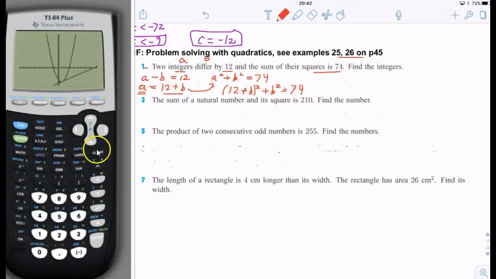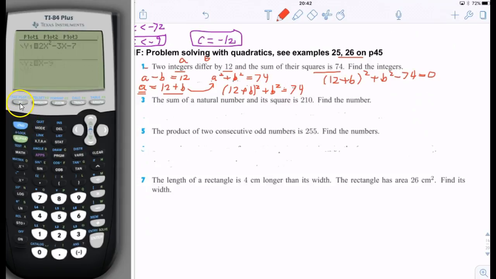Let's do this on the calculator, because if you get a problem like this, this is in the calculator section. So all we need to do is type this equation in, and then see when it equals 74. Or we could subtract 74 from both sides, and then we'll have 12 plus b, quantity squared, plus b squared, minus 74 equals 0. And then we'll see when does this equal 0. Okay, so let's do that.